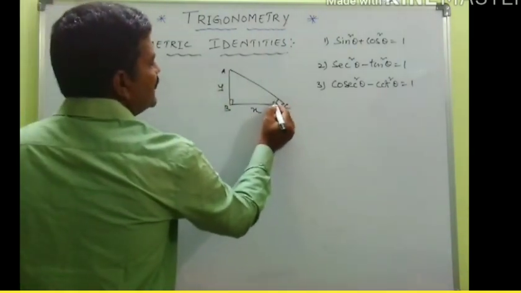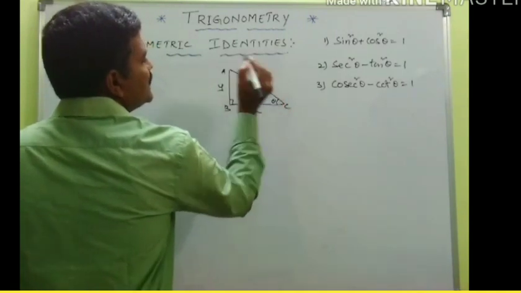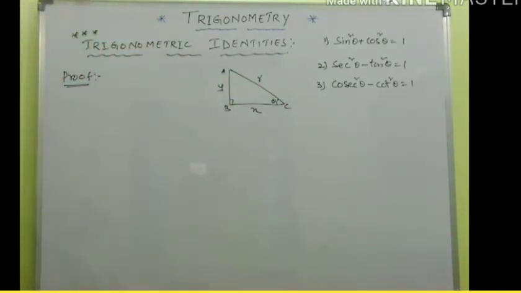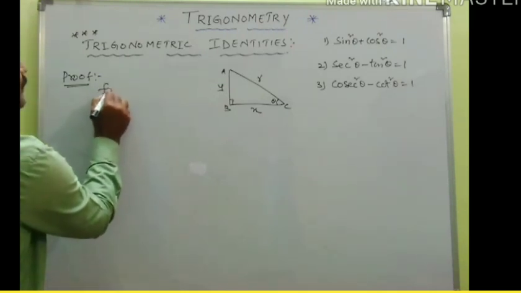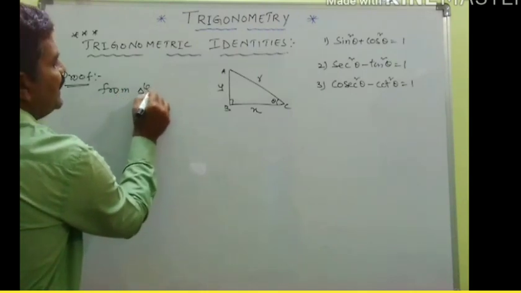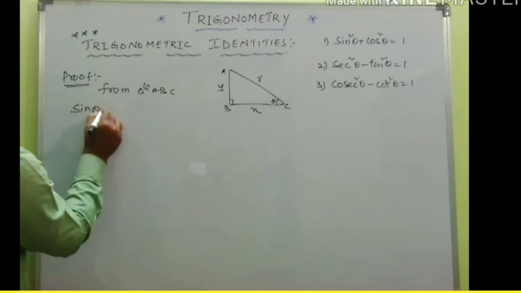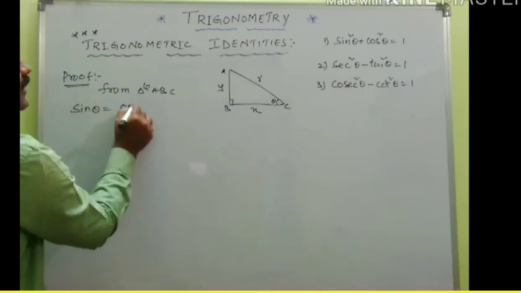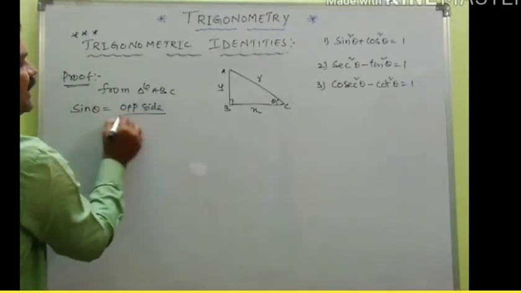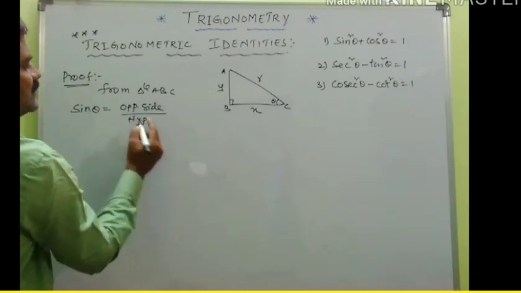And assume that theta is here. And you know, this is always R, which is root of X square plus Y square. So now from triangle ABC, can you tell me sine theta? The formula for sine theta is nothing but opposite side by hypotenuse, isn't it?